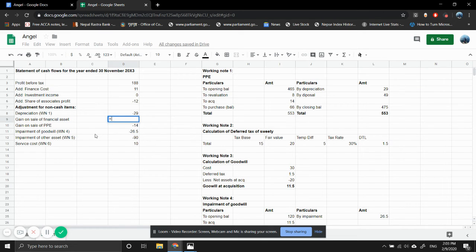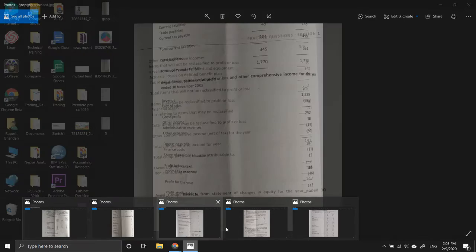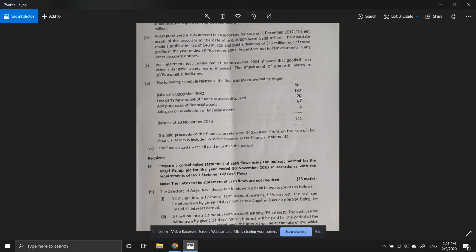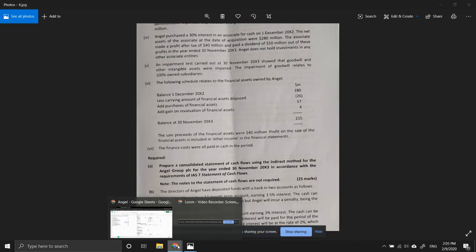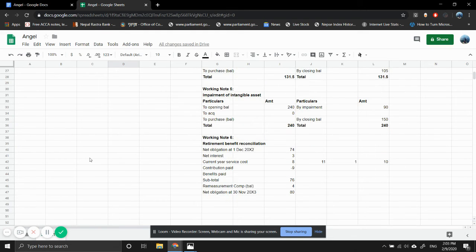This is basically, what is the figure? 26 and 40, right? 40 minus 26, so 26 minus 40, because we will need it in negative. So this is working note 6.